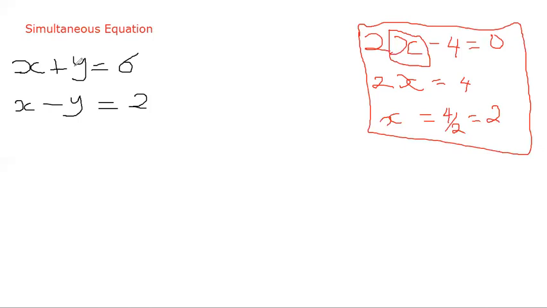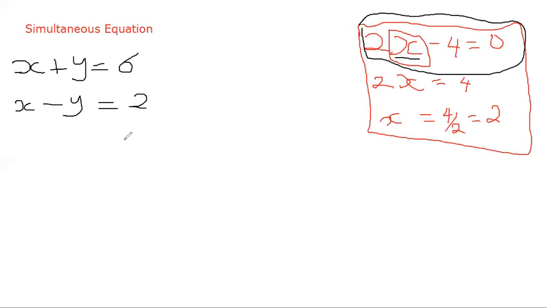The number of unknowns is the number of equations required to solve the problem. In the first example, the number of unknowns is 1, only x, and the equation is also 1, so we are able to solve the problem. In this example, the number of unknowns is 2, x and y. That's why we have two equations.